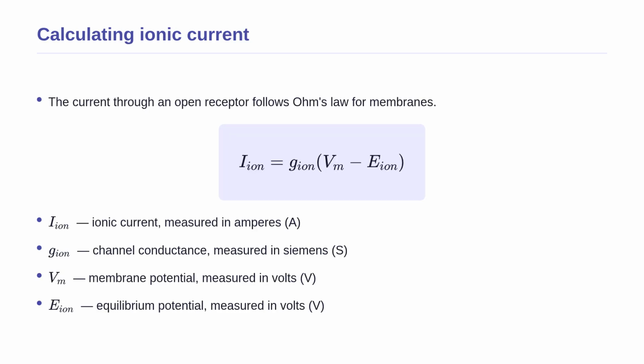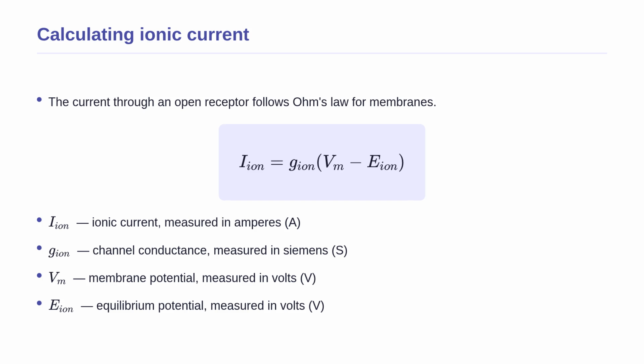Since these ionotropic receptors open channels for ions, we can actually calculate the electrical current that flows through them using a variation of Ohm's law for cell membranes. The formula is I_ion equals G_ion times the difference between Vm and E_ion. Let us break down these symbols.